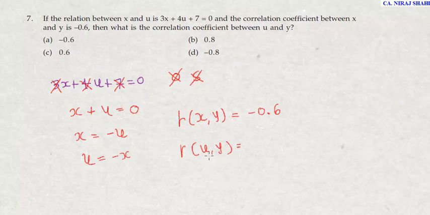So this u will actually become minus x. So I can write this as r of minus x and y. Just see, the sign of one variable has changed, so the sign of correlation will also change. So this is going to be 0.60 positive. So in this case our answer is 0.6 positive.